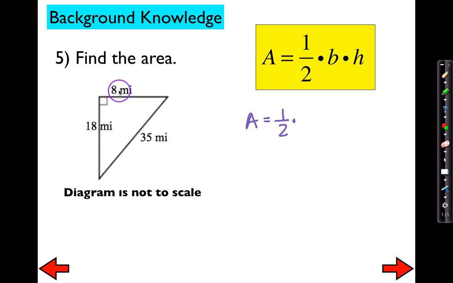So here, it really depends on how you look at the triangle. I can consider the 8 miles to be the base or the 18 miles to be the base. It just depends on how you see it. Let's call 8 miles the base. So if 8 miles is the base, then the height is going to have to be 18 miles.